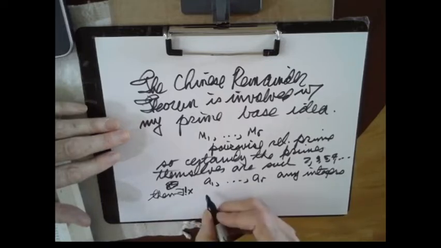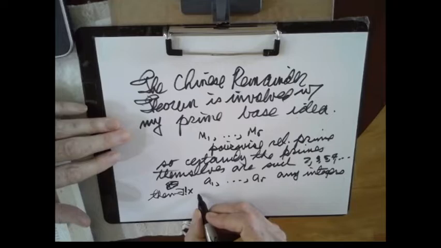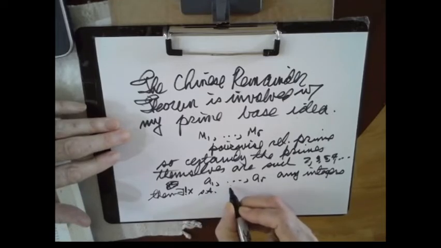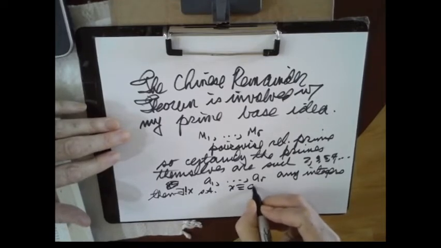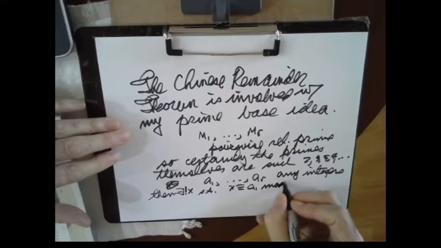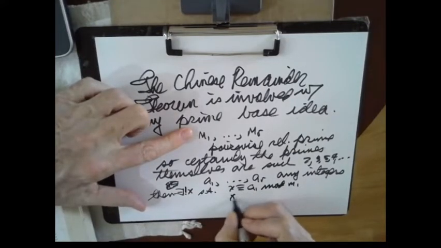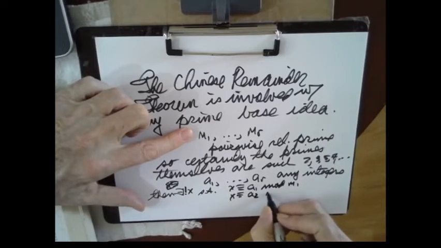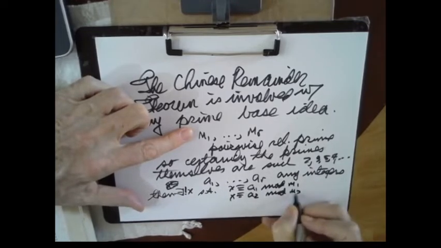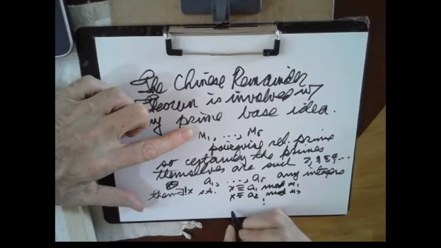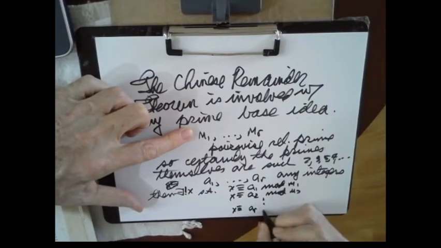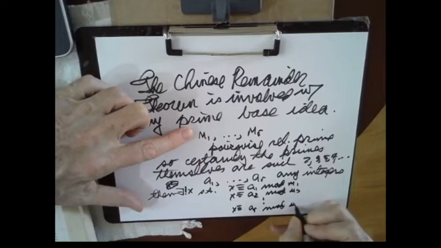Okay, and then there exists an X such that X is equivalent to A1 mod M1. X is equivalent to A2 mod M2 dot dot dot. X is equivalent to AR mod MR.